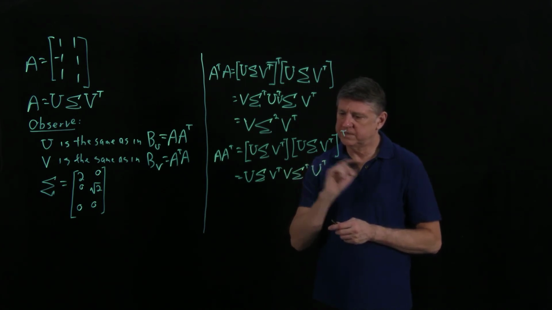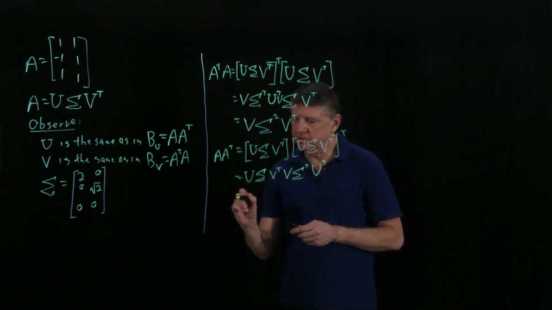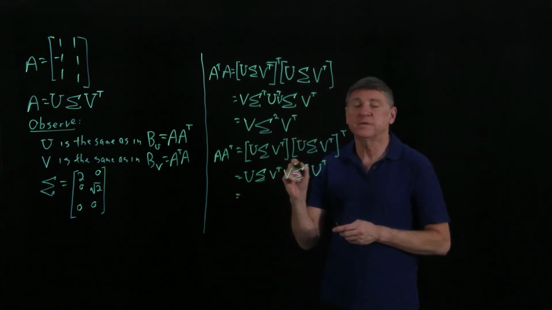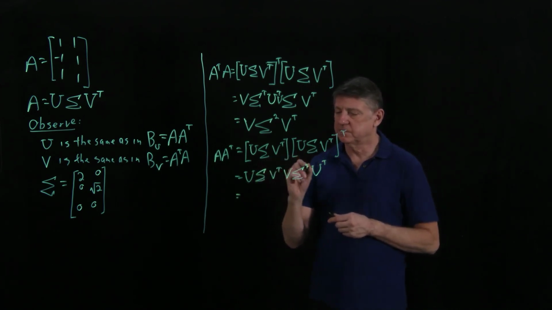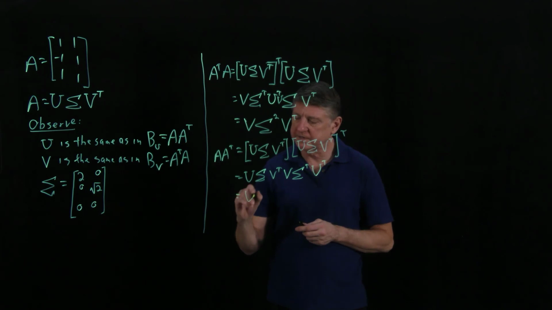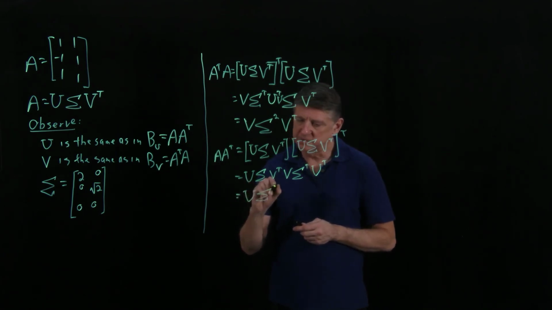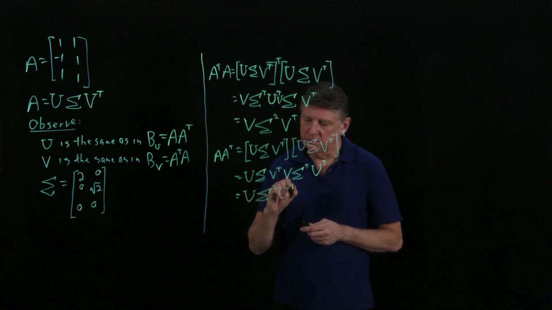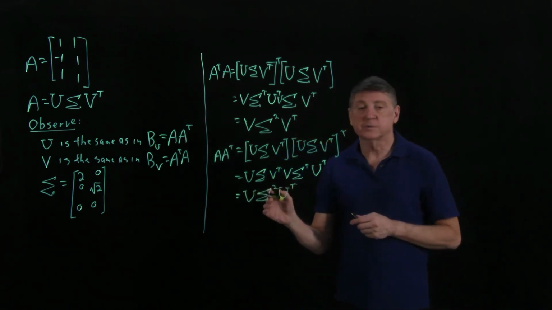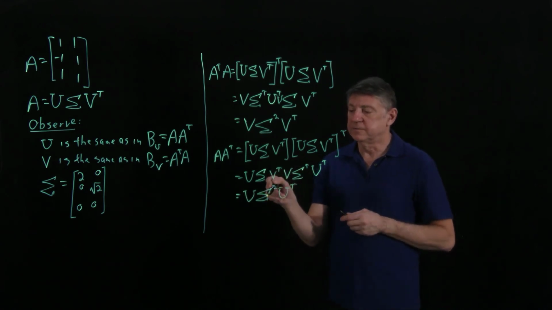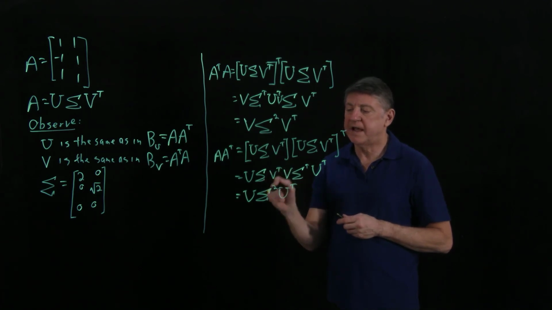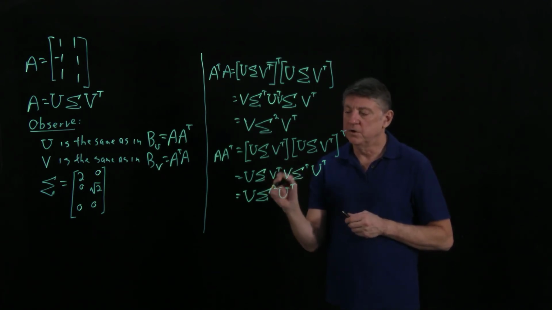Now V transpose V is the identity because V is an orthogonal matrix. So this will be U sigma squared U transpose, and that is the spectral decomposition of a symmetric matrix. Sigma squared are the eigenvalues, because sigma squared has to be all non-negative.